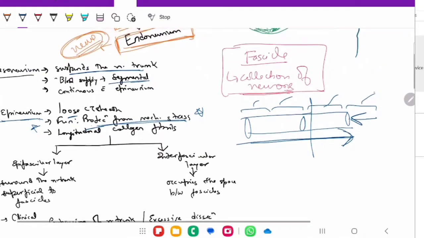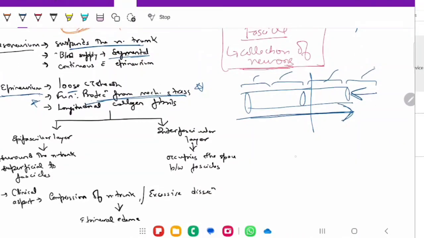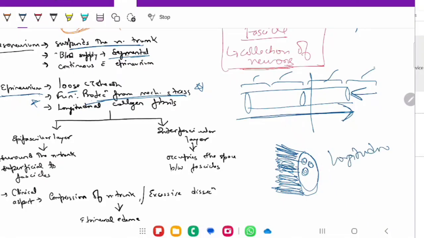So if we take up the epineurium layer, this will be the epineurium covering, these will be the fascicles, and we can see a large number of collagen fibrils coming like this. And since they are arranged along the nerve, that is why they are known as longitudinal. I hope it is clear.